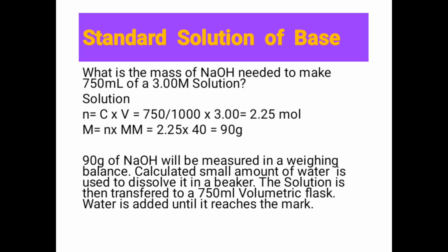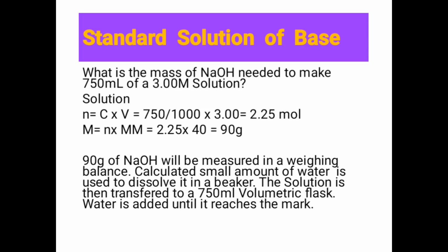We want to find the mass first, and in that case, we are going to say number of moles, or mole generally, is equal to concentration times volume. The concentration will be in molar or mole per dm cube, while the volume will be in dm cube. So that means the first thing to do is to convert the mil to dm cube.